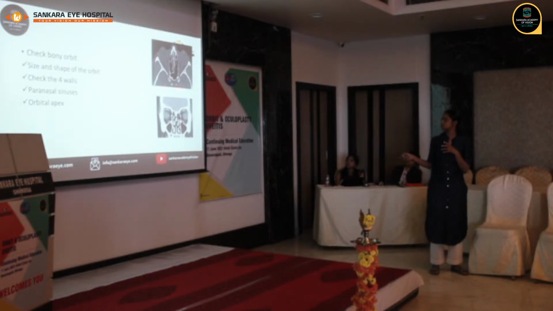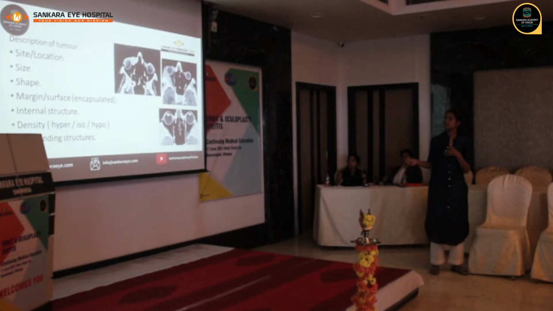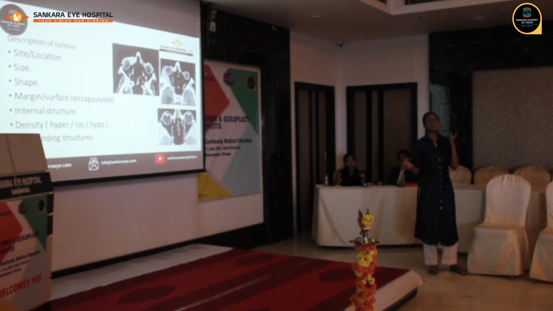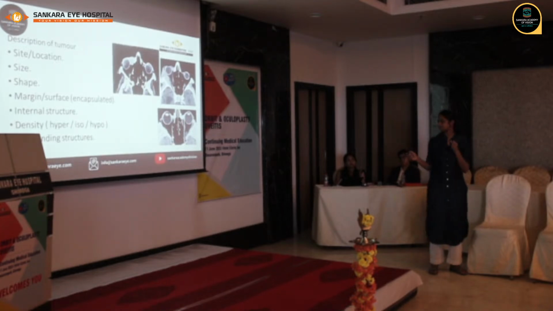You should check the walls, all the four walls, then look at the normal ocular structures, then the contents of the orbit, and then finally go for a lesion, whatever is in the orbit. Then you should go for its description. Whenever you see a lesion, you should always explain it. You should look at its size, shape, how well defined it is and its margins, whether it is homogeneous, and whether it is enhancing with contrast.